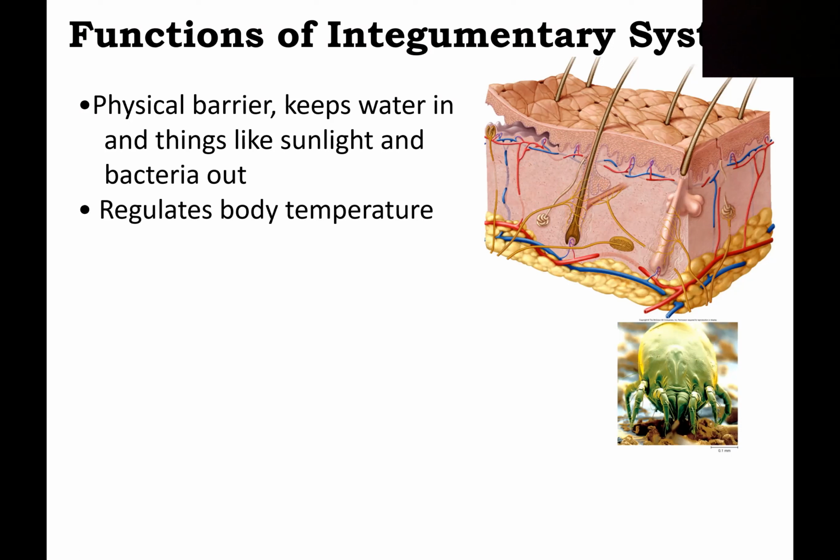They can vasodilate and vasoconstrict, but their placement and the number of blood vessels is going to contribute to our ability to regulate temperature. So if we open up those blood vessels, then we can release more heat. If we narrow them and move them deeper, we can conserve heat.